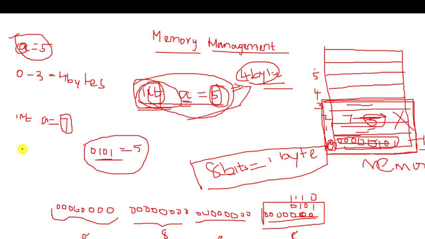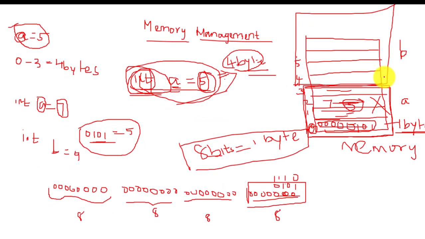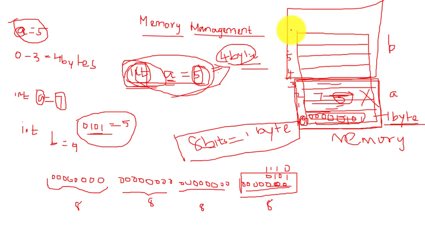So for example, this is integer A. If we have another variable named B, with the value 9, what is going to happen? The first 4 bytes are occupied by the integer A. Then the next 4 will be allocated to the variable named B, so it is starting from 0 up to 7.